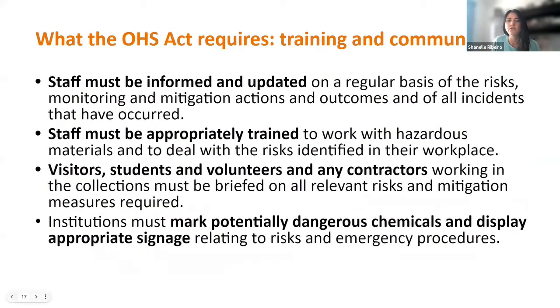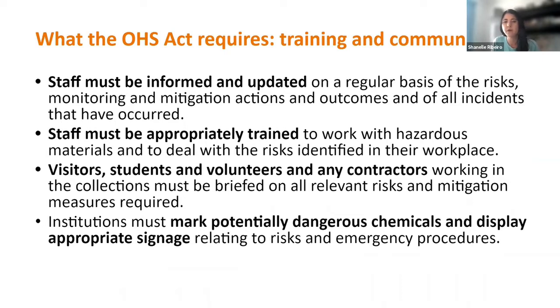Then moving on to training and communication that the Act requires. So it says that staff must be informed and updated on a regular basis of the risks, the monitoring and mitigation actions, and outcomes of all incidents that have occurred. And we know this often doesn't happen, but staff must be given this information at least on a quarterly basis.